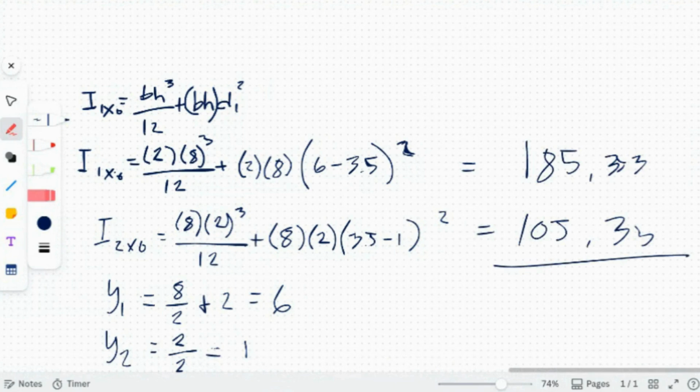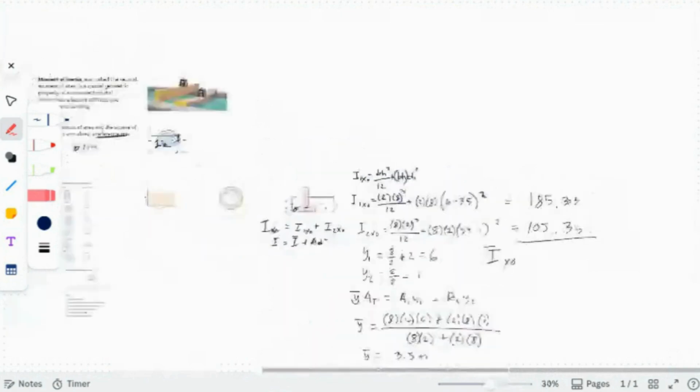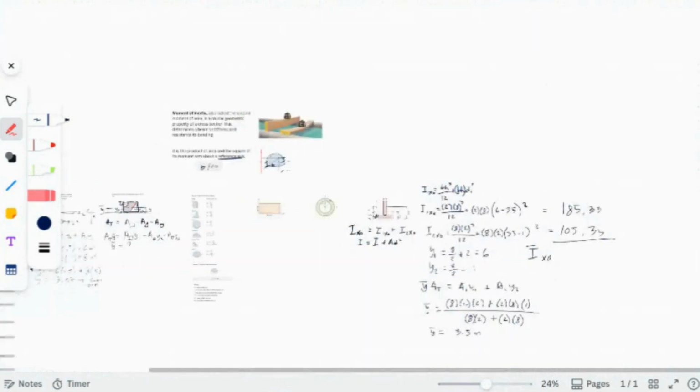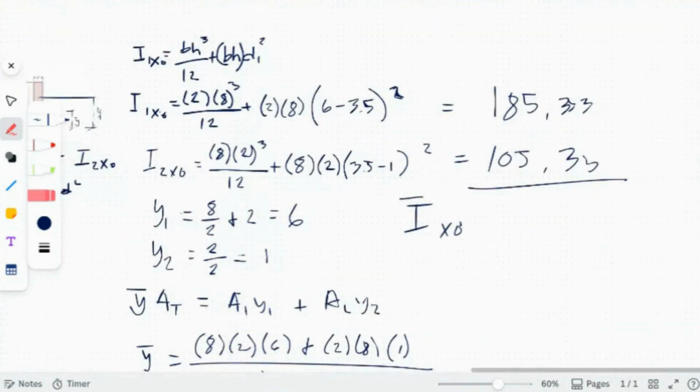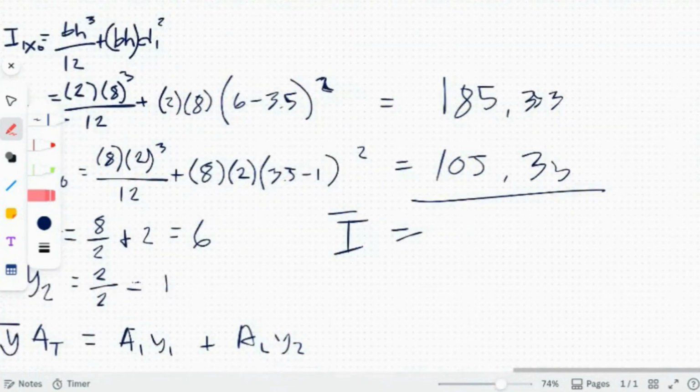So you add those together, you have your new Ixo. Since it's centroidal, we could just call it I bar. That is 185.33 plus 105.33.